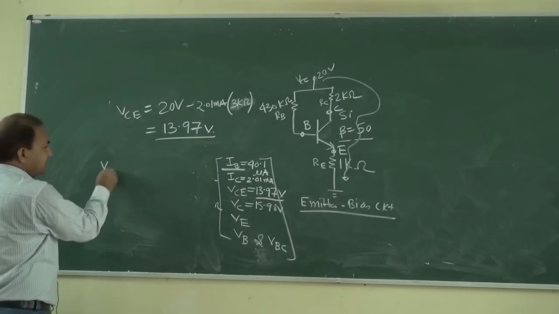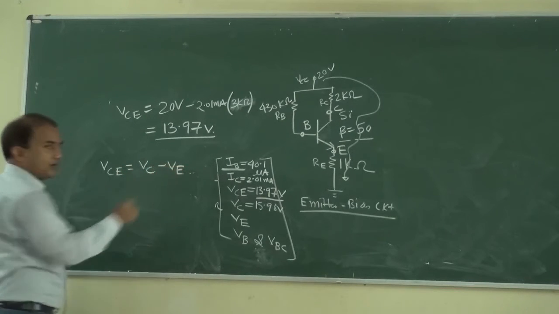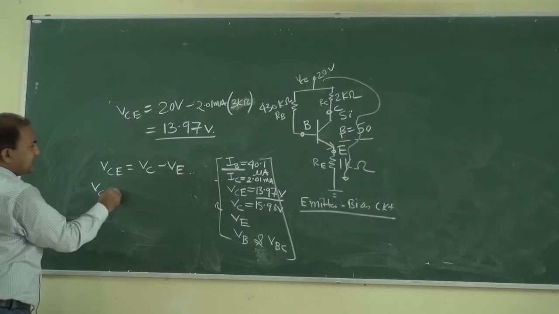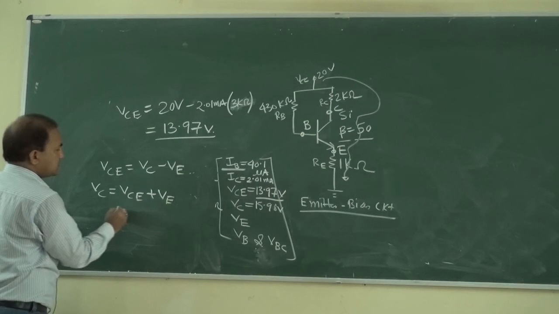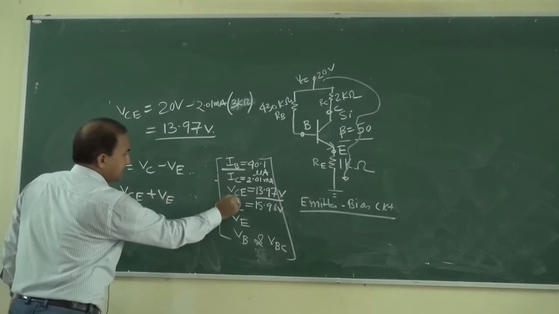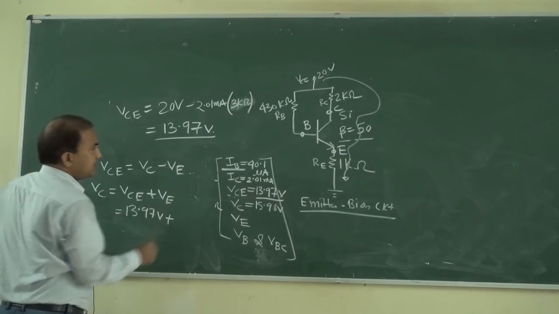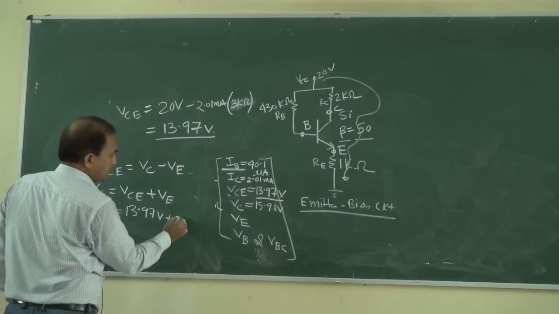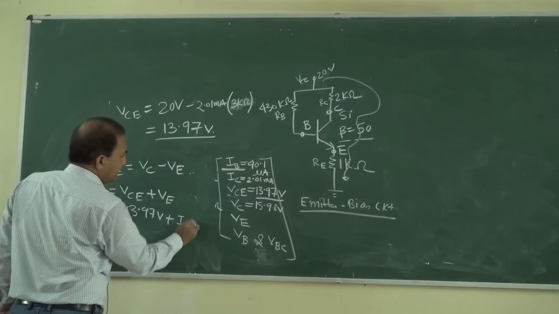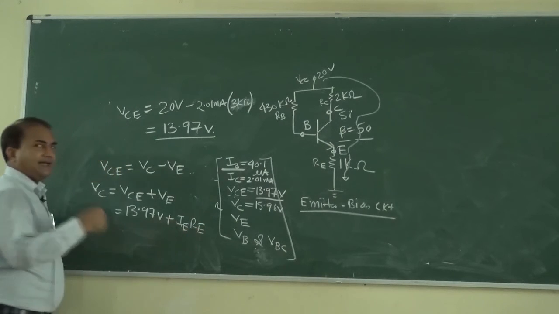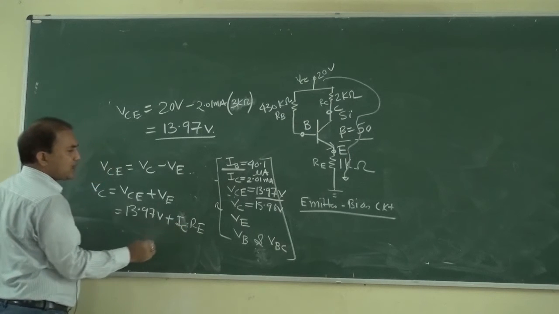The second method is VCE equals VC minus VE. So VC is equal to VCE plus VE, which is 13.97 volt plus VE. VE we can write as IE into RE, and IE is approximately equal to IC, so IC into RE.